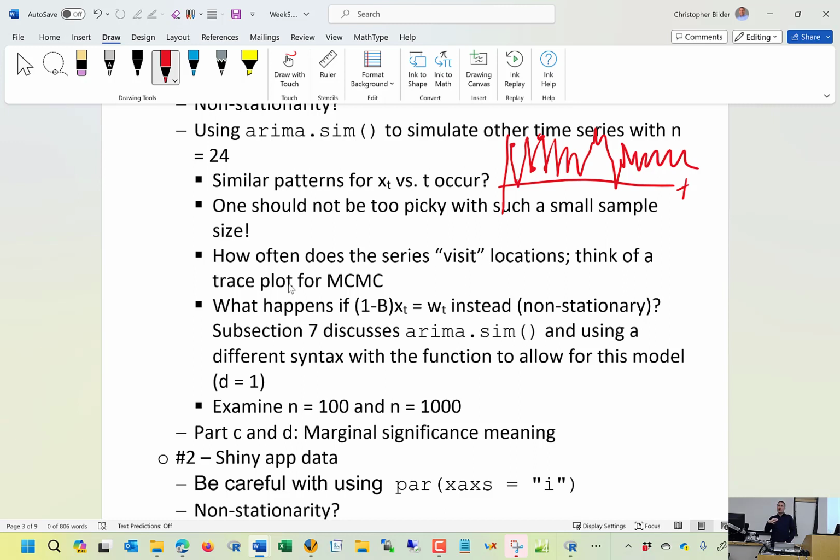So for those of you who've had a Bayesian class or have other experience with Bayesian analysis, when you look at these trace plots to determine convergence, you're doing what we just did here, looking for stationarity. What that basically means in the Bayesian context is that you're visiting all portions of the distribution. You're not going off in some weird way and being stuck in a certain area of the distribution. Okay?